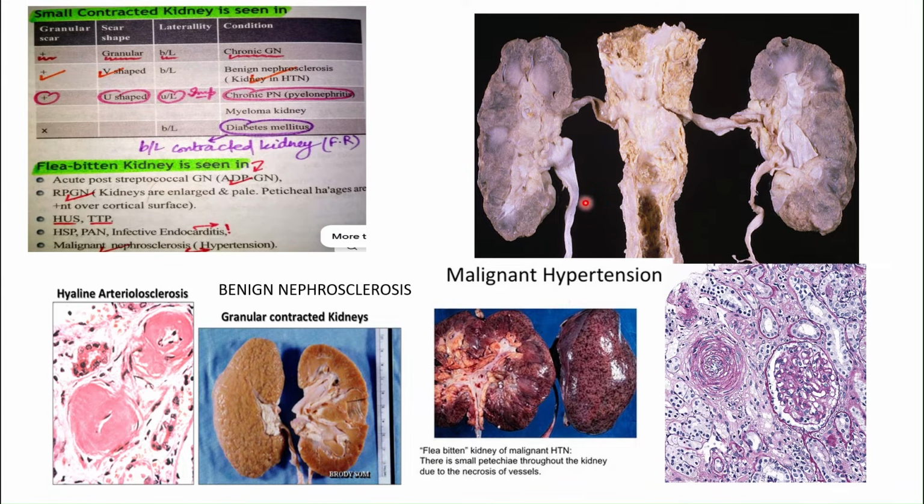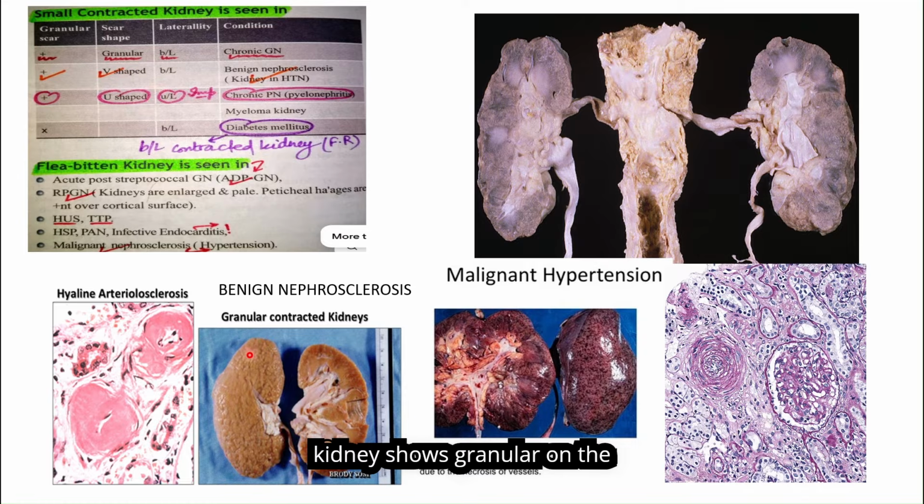Now important to differentiate small contracted kidney and flea-bitten kidney. This is a specimen showing bilateral kidney having scar on the outer surface, small in size and contracted.